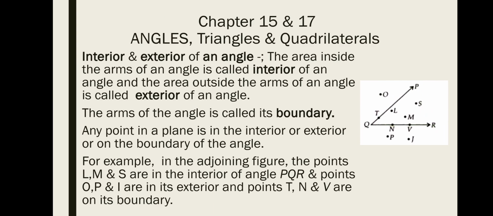So you can see here in this picture, in angle PQR, in the interior of angle PQR there are L, M and S. Then in the exterior there are P, J and O. Whereas on the angle you can see these 3 points T, N and V.